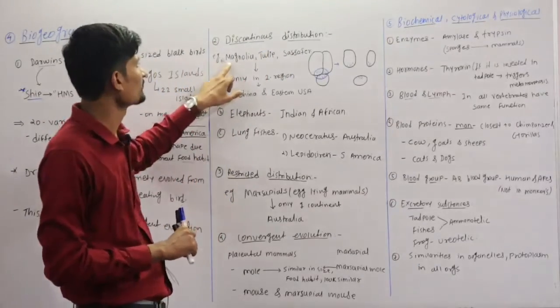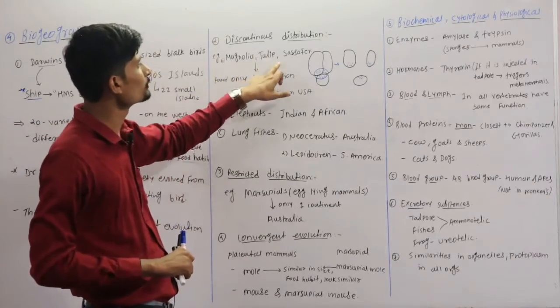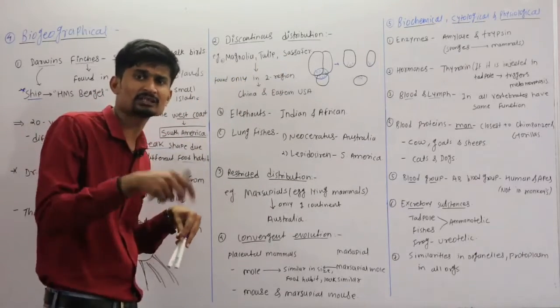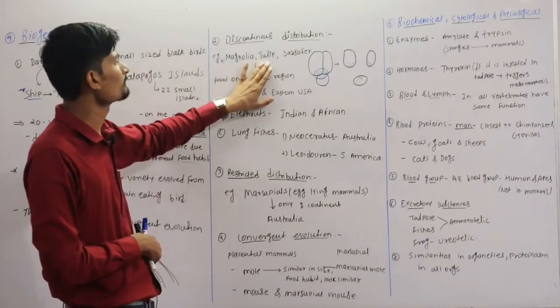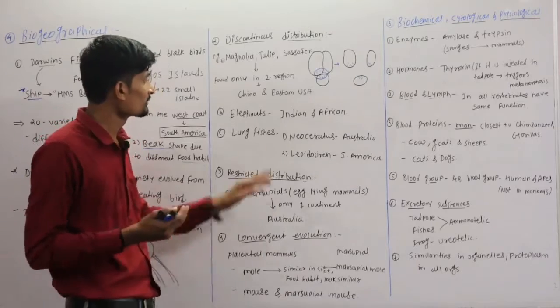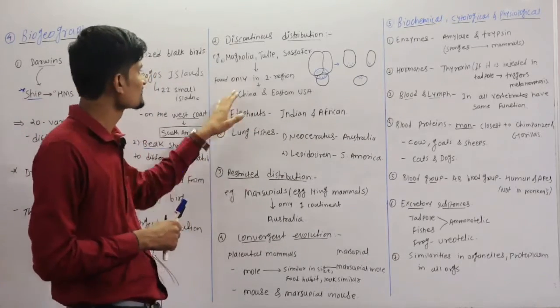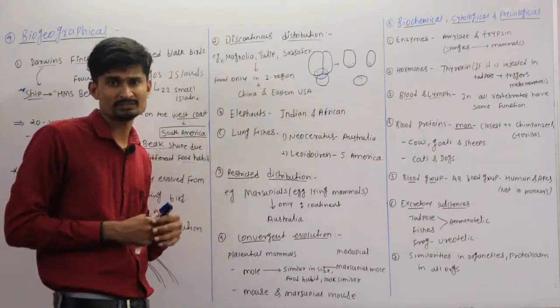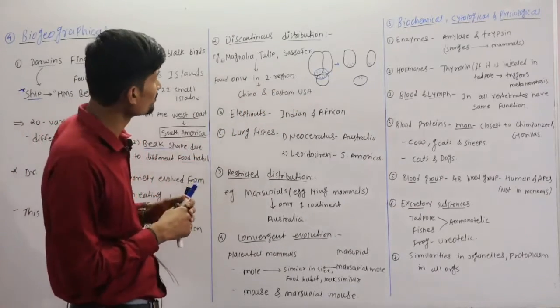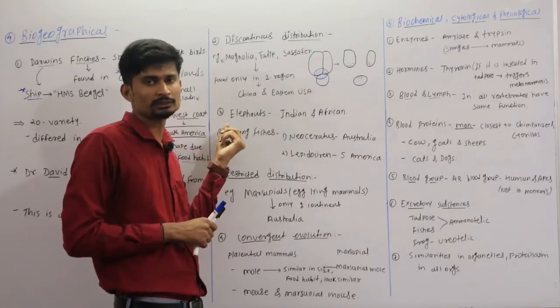An example of discontinuous distribution is the magnolia, tulip and sassafras plants. These three plants are found only in two regions in the world, that is China and Eastern USA.